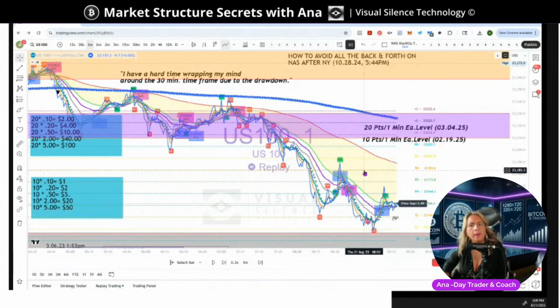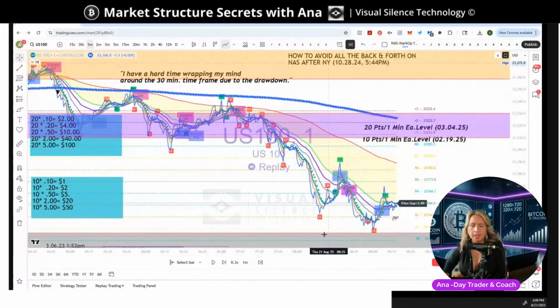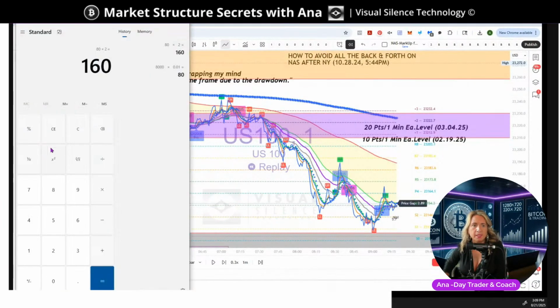Why do I care about that? Well, when I'm scalping, I want to know very quickly how many points are between each of these levels, because if I'm holding a pullback, I want to know how much I'm going to be eating till it gets to my destination. Because let's say I didn't get an ideal entry.